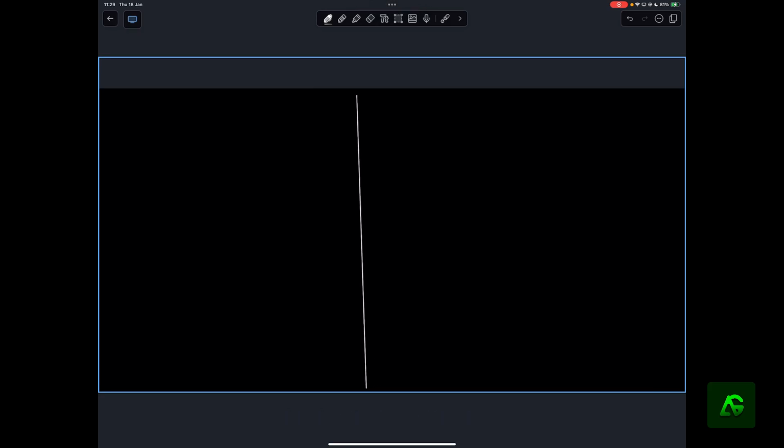So now I want to look at bitwise NOT. Bitwise NOT is not a binary operator because it only operates on one bit. So this is the symbol.